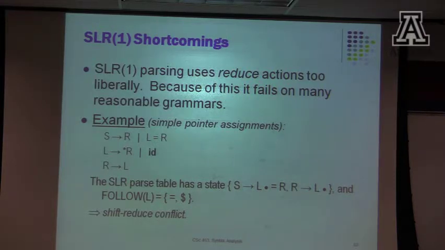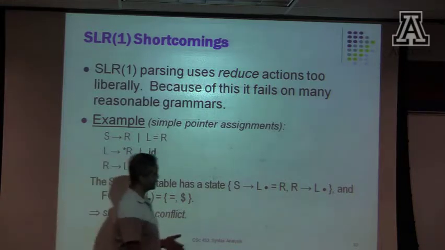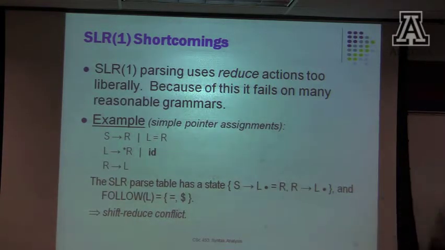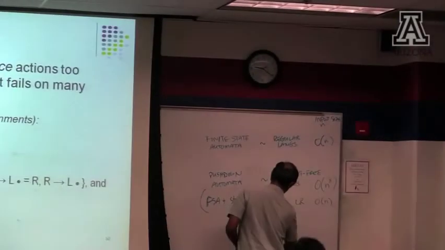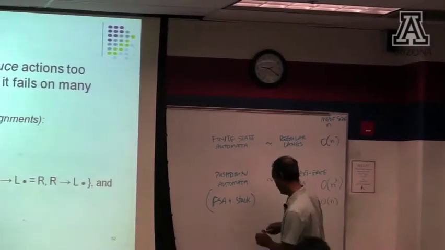So what do we do to cope with things like this? Essentially, what this comes down to is that the approach that we've taken so far of having a reduce action for every token in the follow set gives us too many reduce actions. Okay? So one can think about it in a couple of ways. One way is that I can take a state.